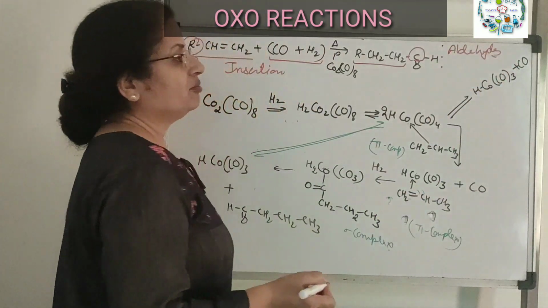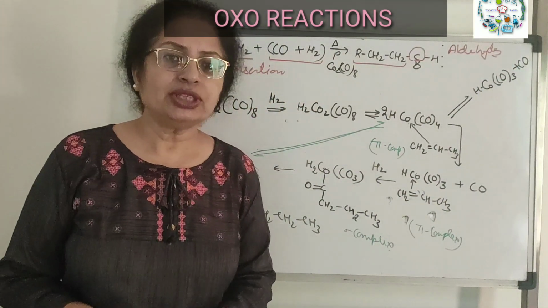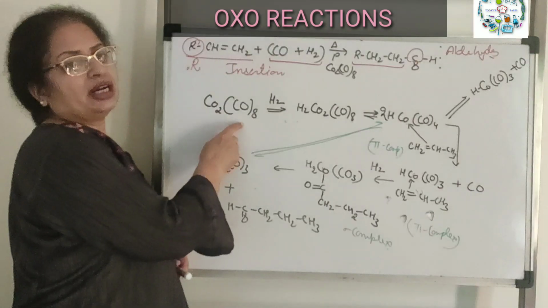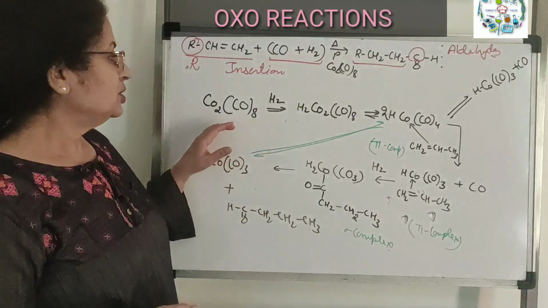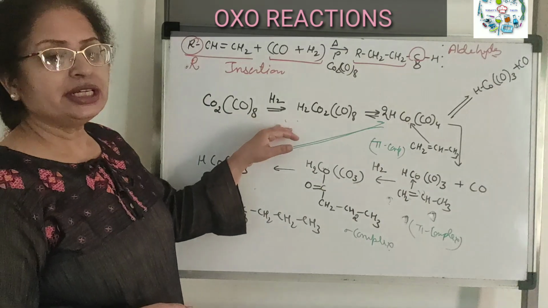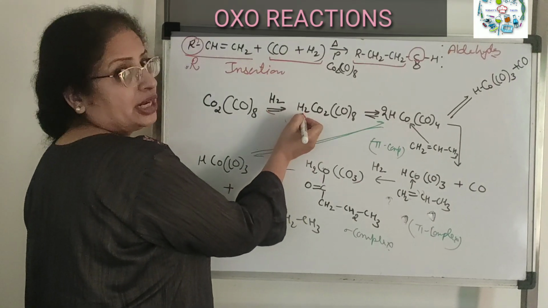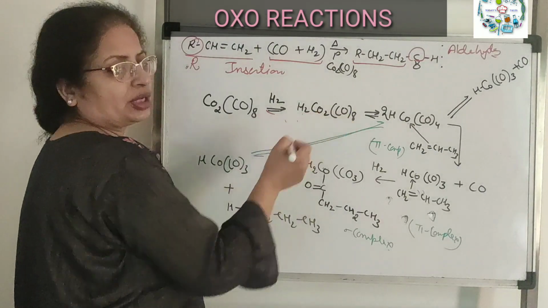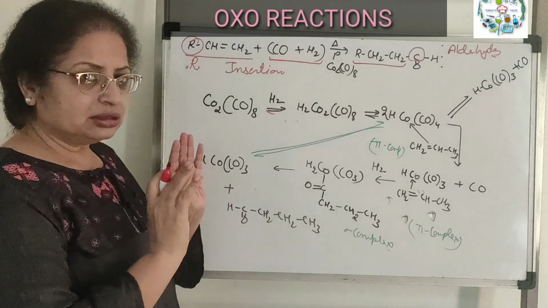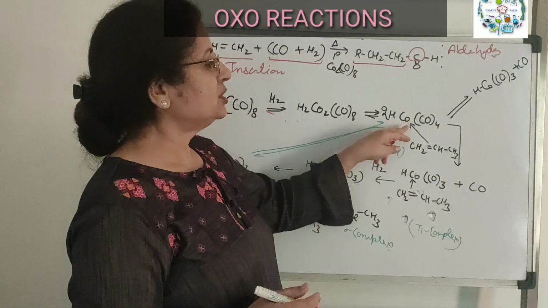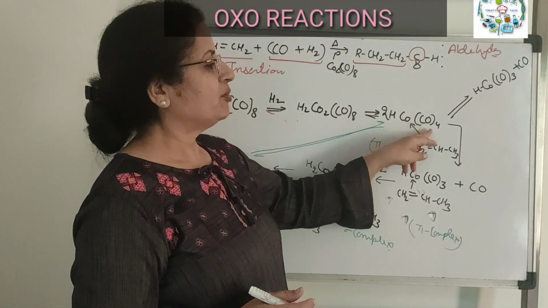Okay, and what is the mechanism of this reaction? We take catalyst as dicobalt octacarbonyl. This molecule on reaction with hydrogen gives dihydrogen dicobalt octacarbonyl, but this molecule easily gets converted into HCo(CO)4 and carbon monoxide.